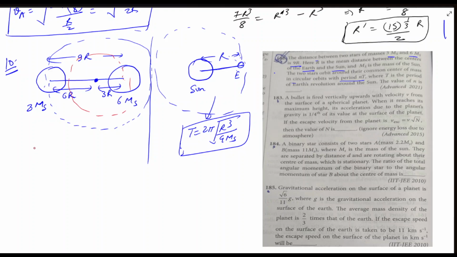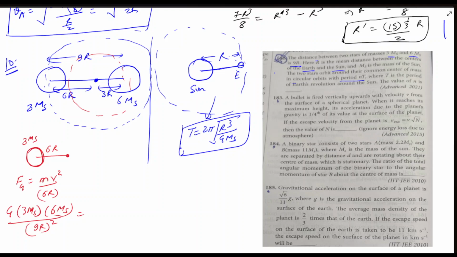Let's start. So this is our 3Ms. Let's make the diagram. This is the center about which it is rotating, at 6r. So we'll write the force equation first. The gravitational force will be equal to mv square by this 6r. So Fg will be G 3Ms into 6Ms upon the distance between them, which will be 9r to the whole square.